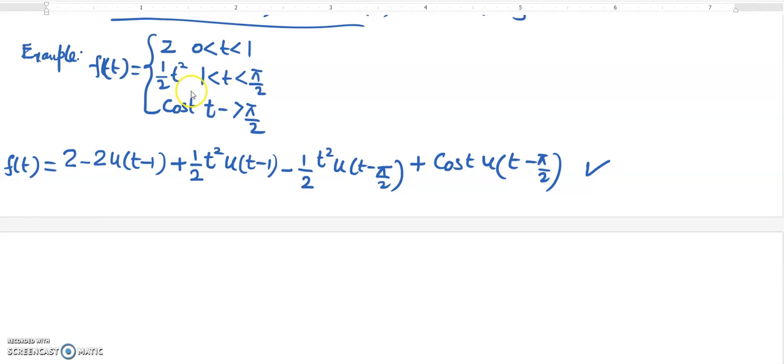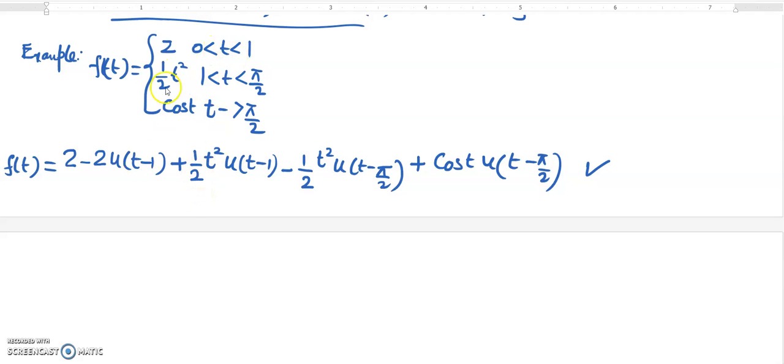Okay, so using this methodology, you can write any function in terms of the unit step function. So what was the methodology? I repeat. Start from the first function without any unit step function, but then you subtract the same function using the first unit step function with the first limit.